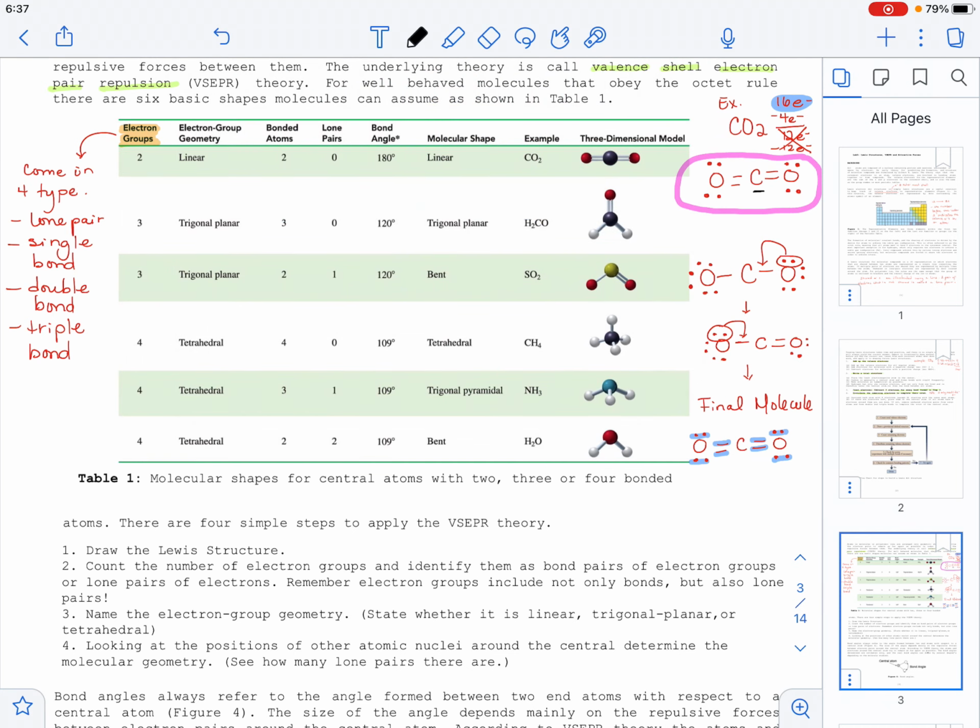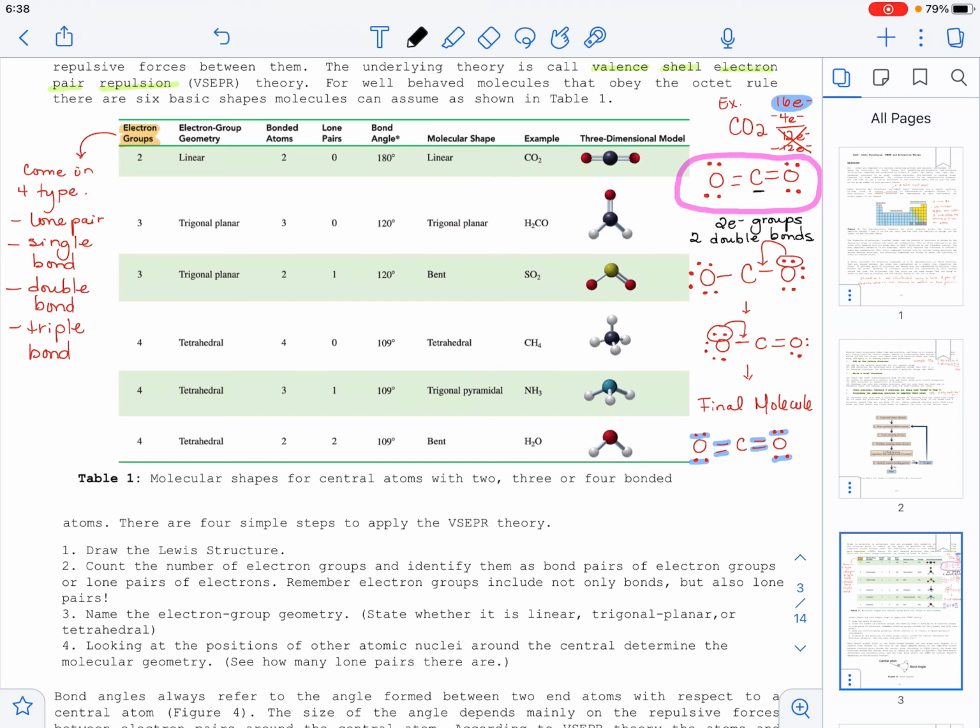So carbon in this molecule is going to have 2 electron groups. And what are the 2 electron groups? 2 double bonds. Okay? Because remember, each double bond represents 1 electron group.